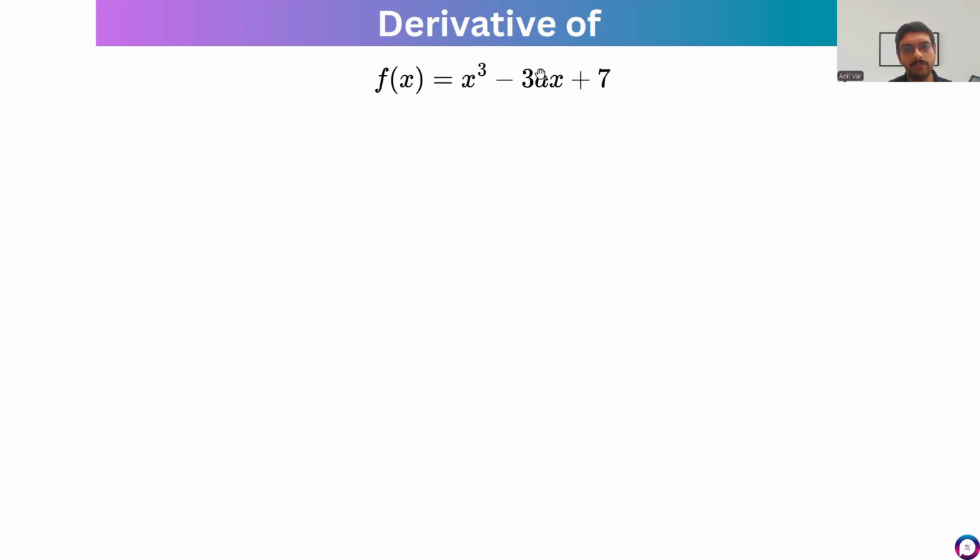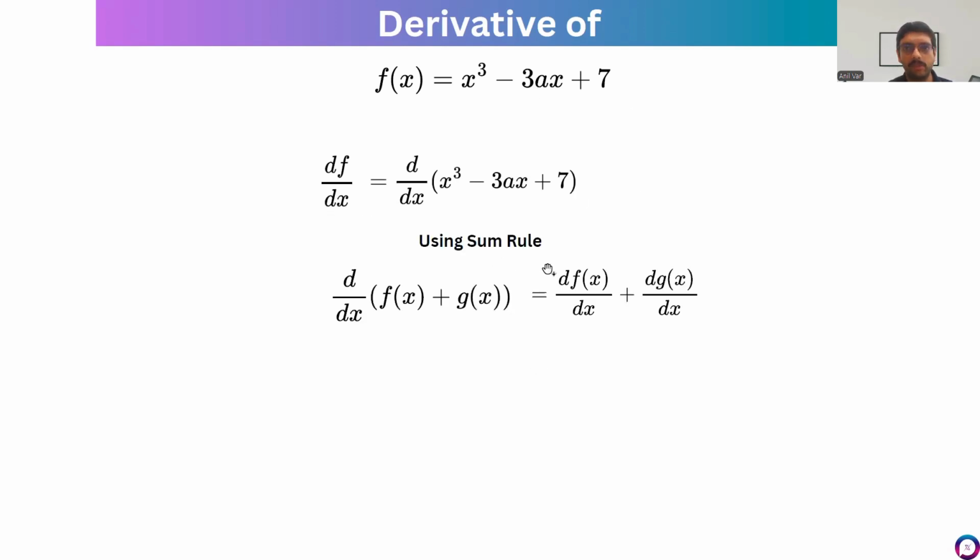Then we have this term. Again, a is a constant. So 3a times x, and what rule do you think we're going to try and apply here? And then you have 7, which is just a constant. Okay, so let's start. The first rule we apply, well, we've got a negative and a positive. This is an expression with 3 terms. So we start with the sum rule. We know that the derivative of a sum of 2 terms or more is given by taking the derivative of the individual functions.